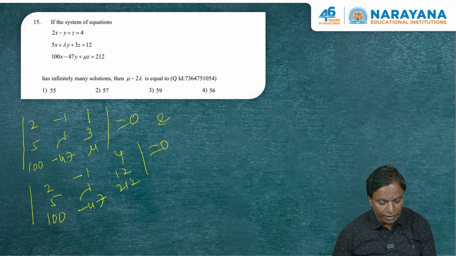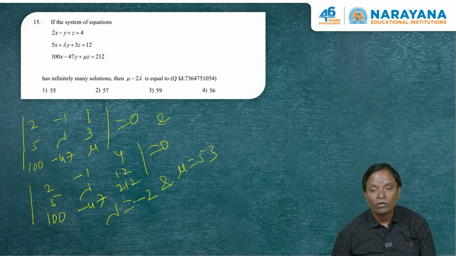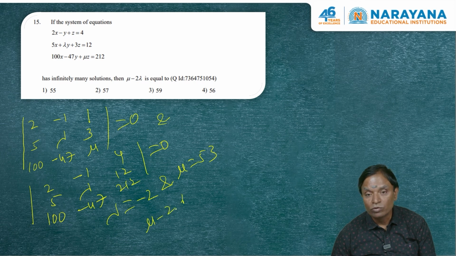Now expand these determinants and you can get the values of lambda and mu. You can observe clearly your lambda will be minus 2 and mu will be 53. You want mu minus 2 lambda, this is nothing but 53 plus 4, which gives you 57.